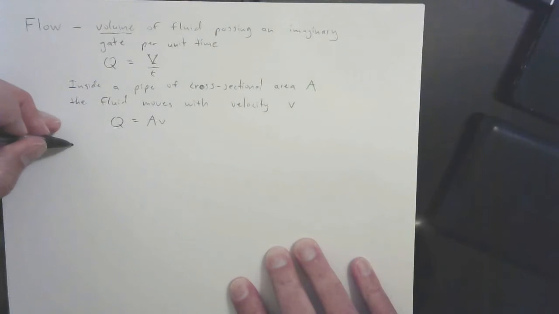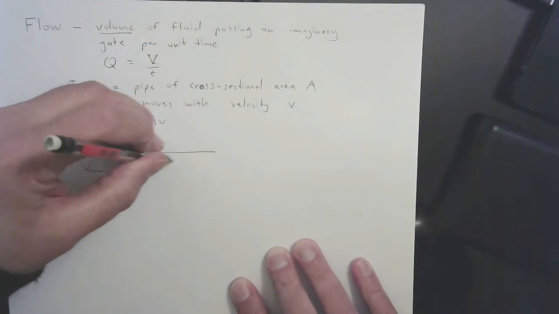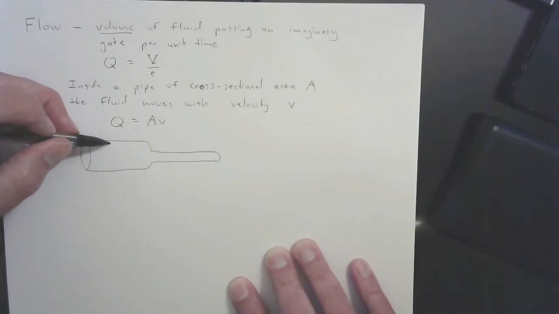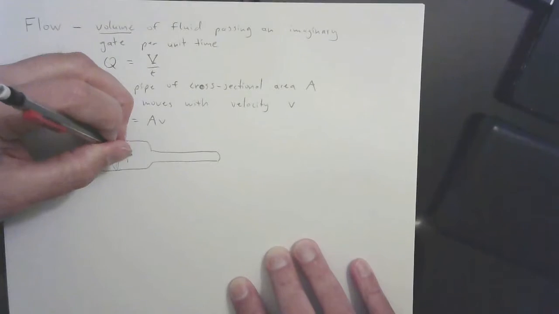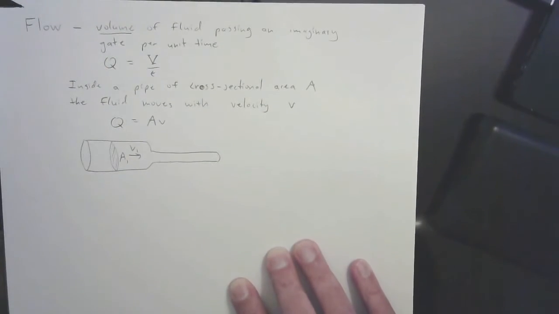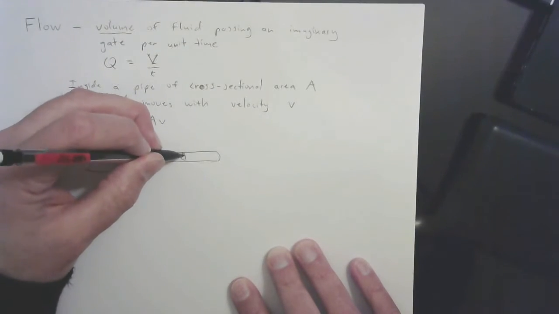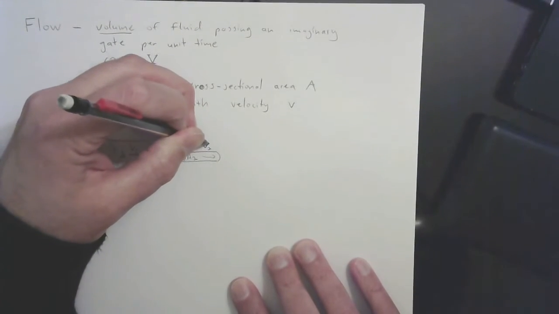Then the idea is if you start with a big pipe, and then that pipe gets narrower, the first cross-sectional area would be A1 with some velocity v1. The water flows through a narrower bit of pipe, A2 with some velocity v2.